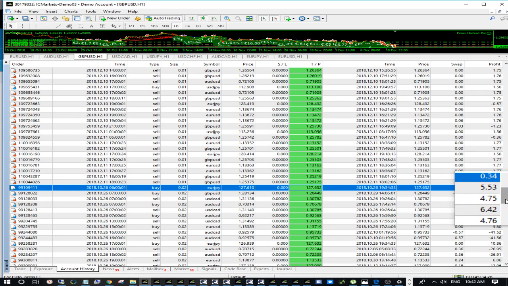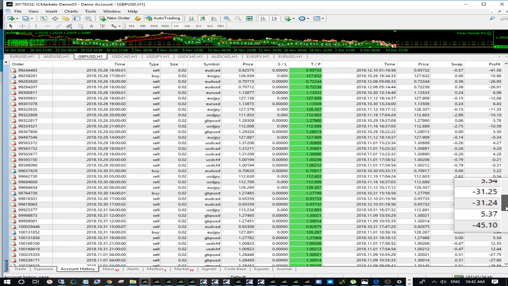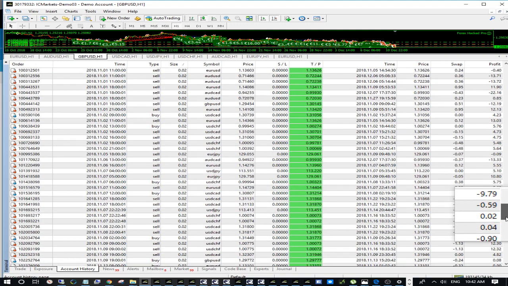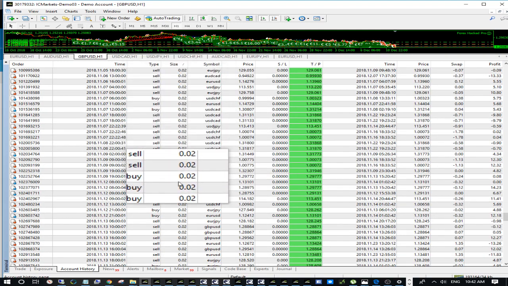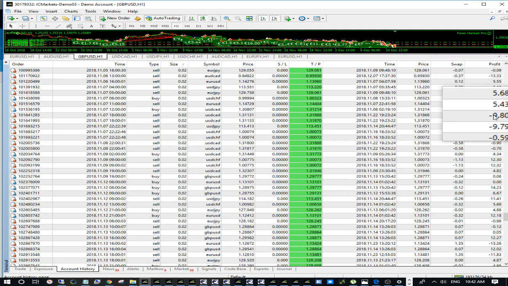Now sometimes you lose, and when we lose we double up in Forex. We can see the 0.02 sizes right here, amounting for about these types of profits.